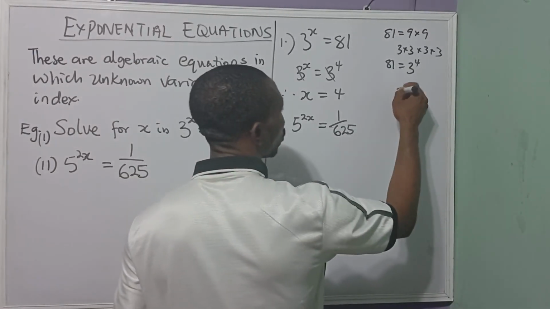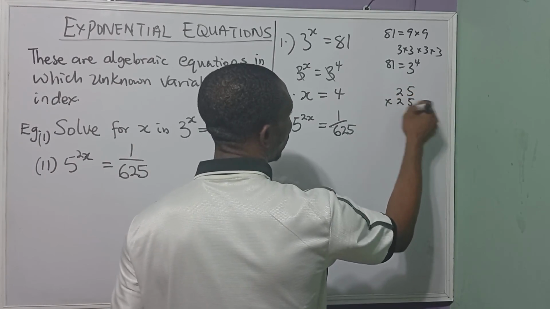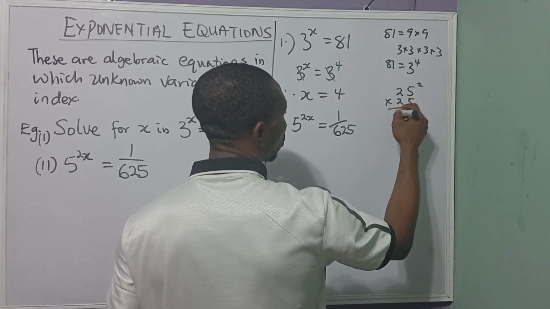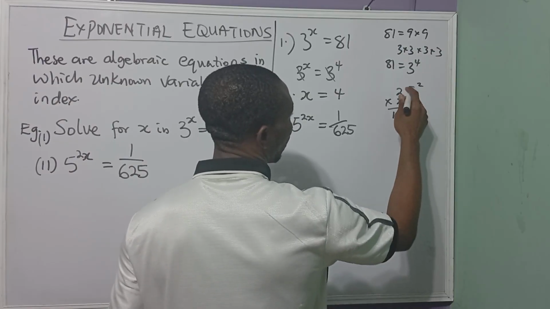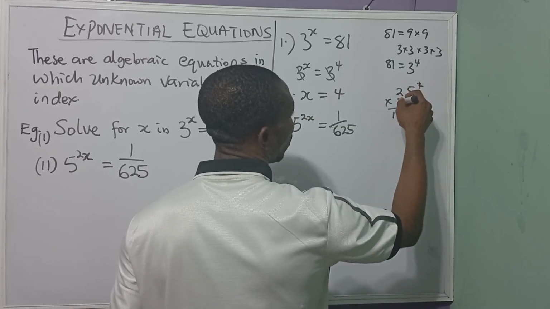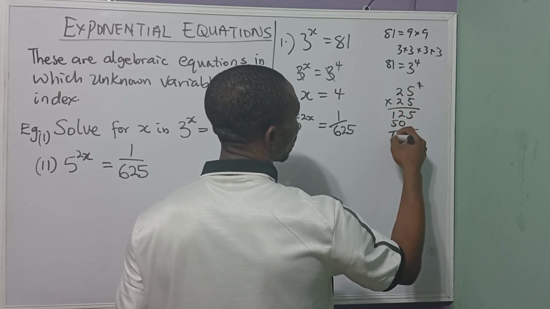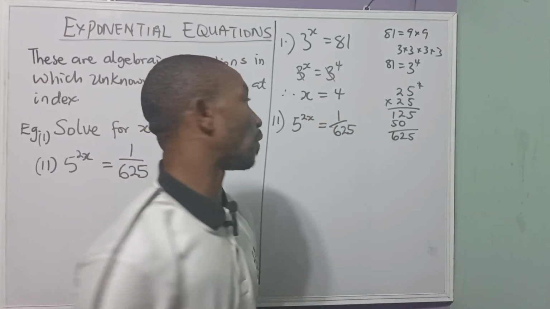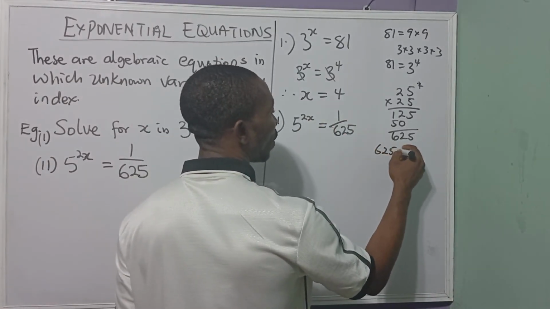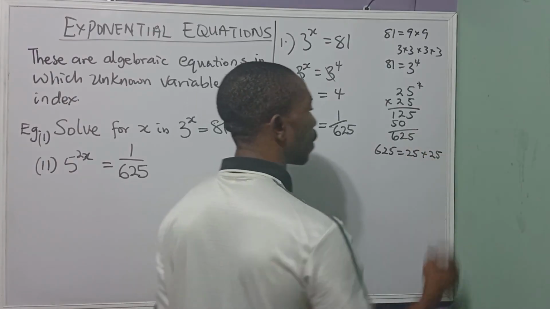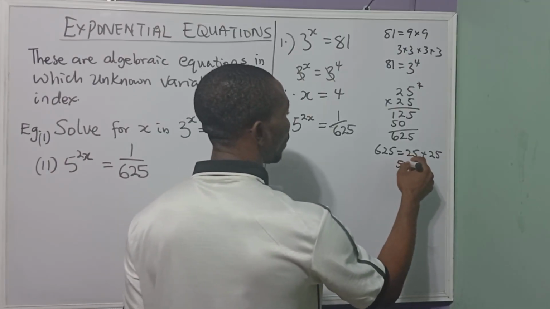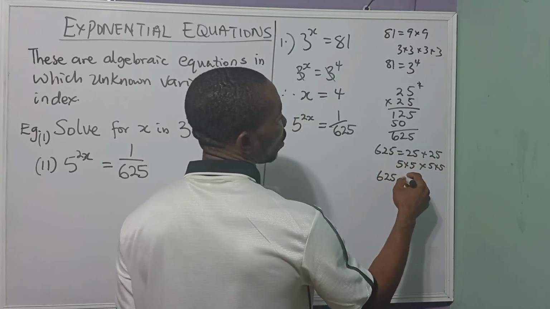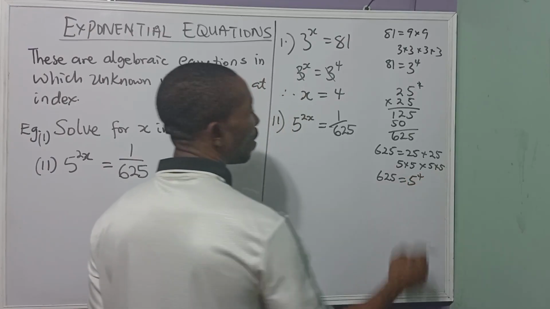We know that 25 times 25 gives us 625. So if 625 equals 25 times 25, that's our first break, and the second break is 5 times 5 times 5 times 5. That is to say, 625 equals 5 raised to 4.